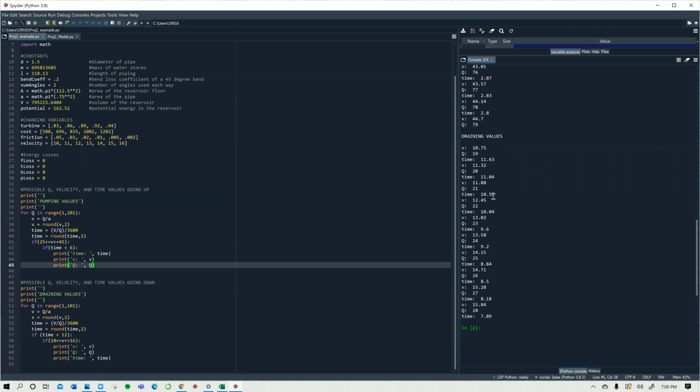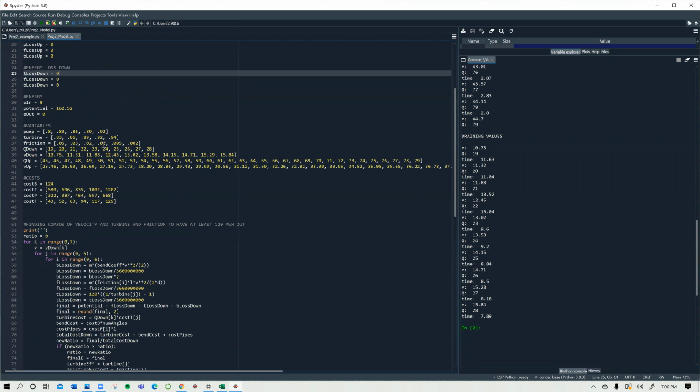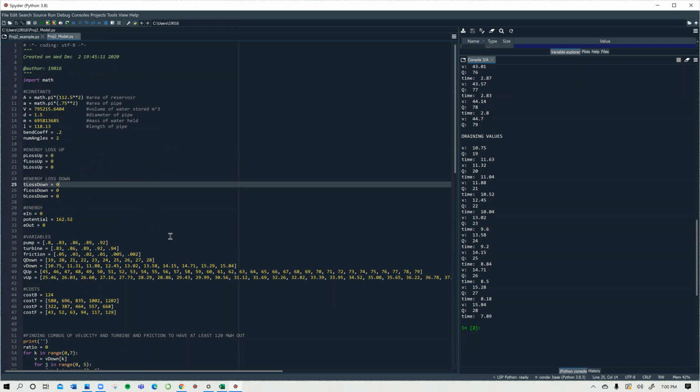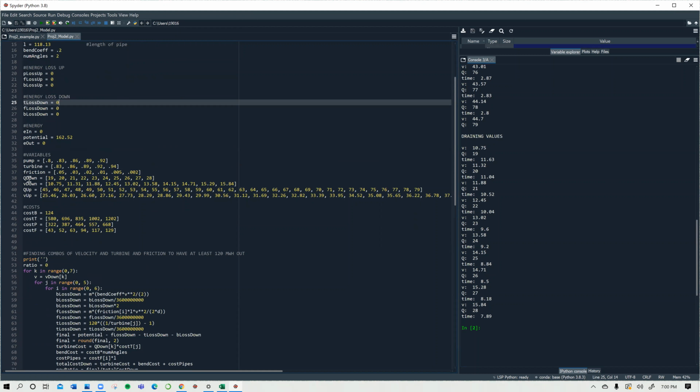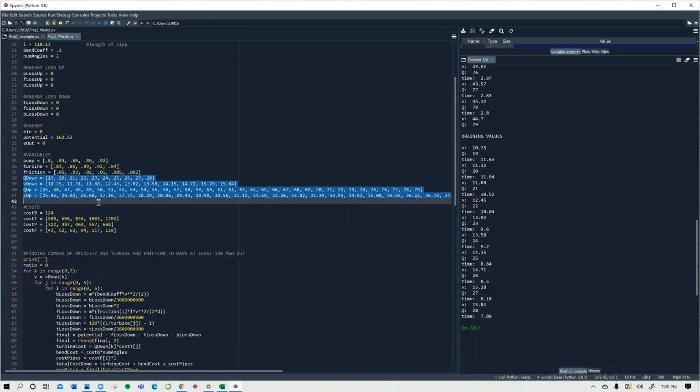Next, we take these possible velocities and flow rates and put them into the second code. At the top, we have the same constants, and here is where the sets from the last code are put in.